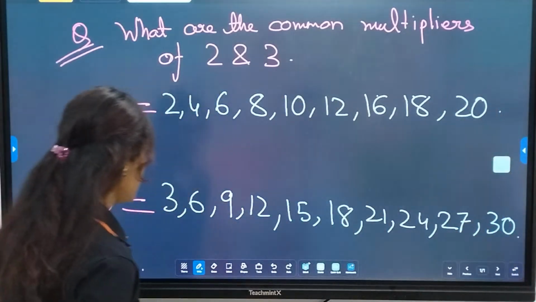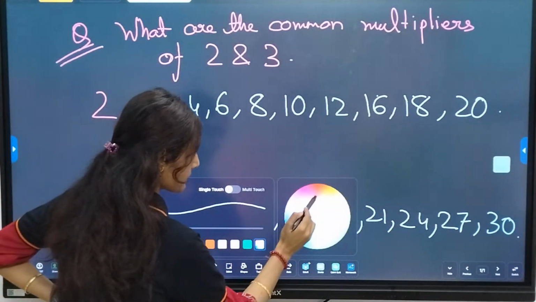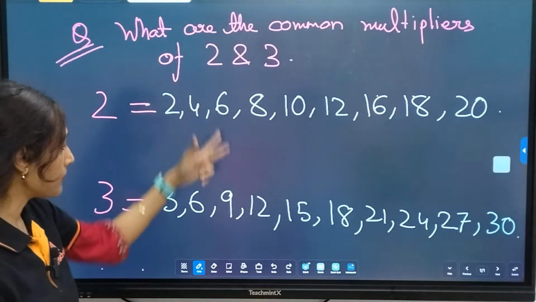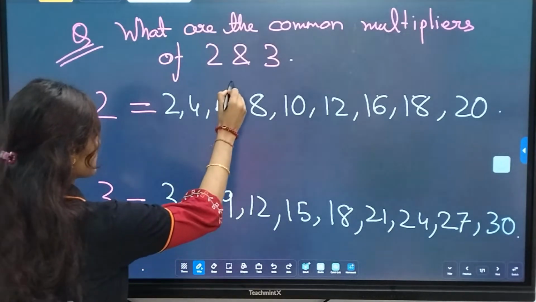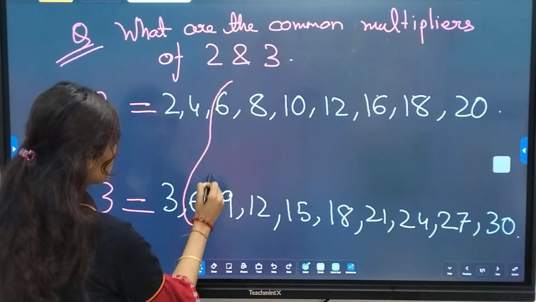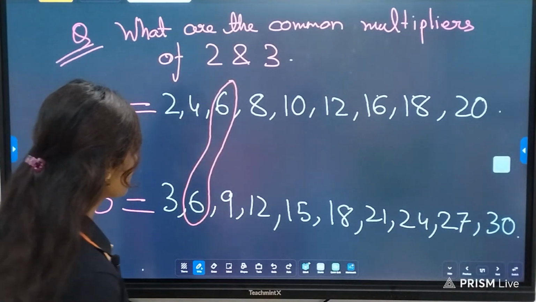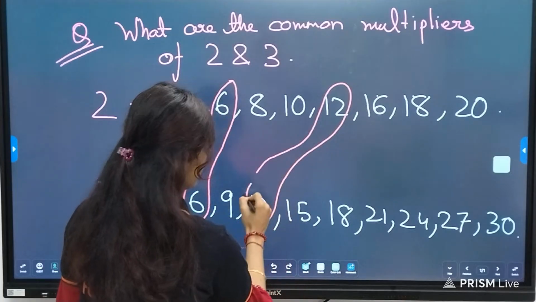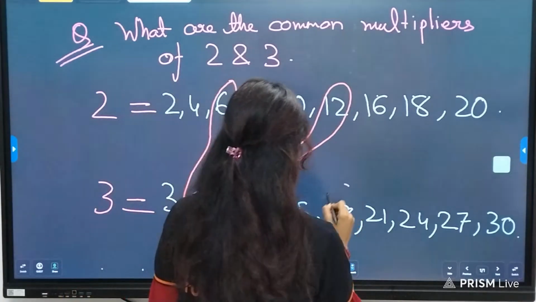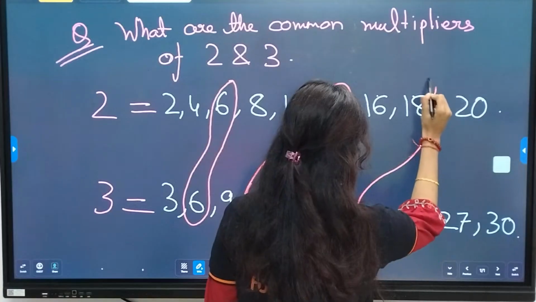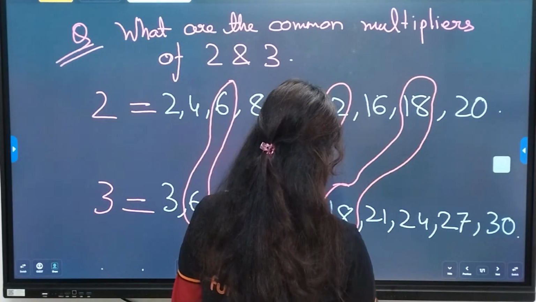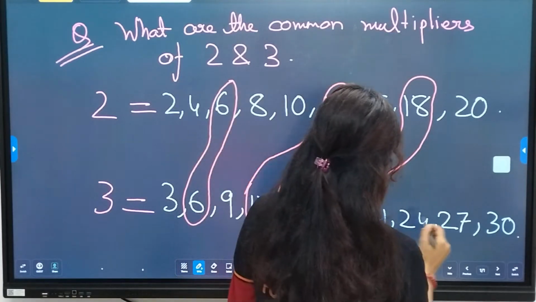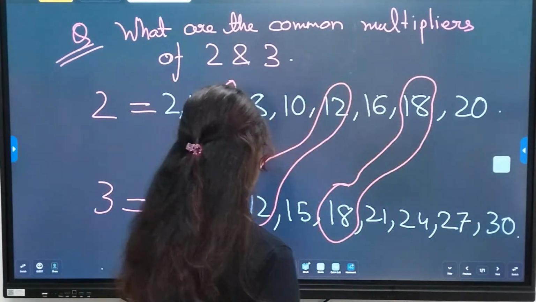Okay, now just see, you have to see which numbers are common over here. 6 is common in both 2 and 3, right? Then 12 is common over here. 18 is, and anything else? No. Okay.